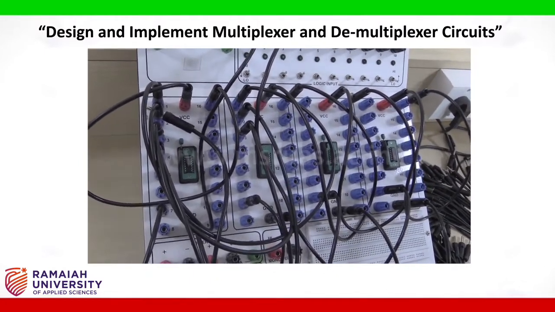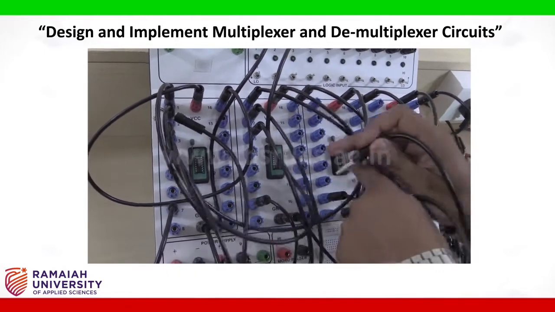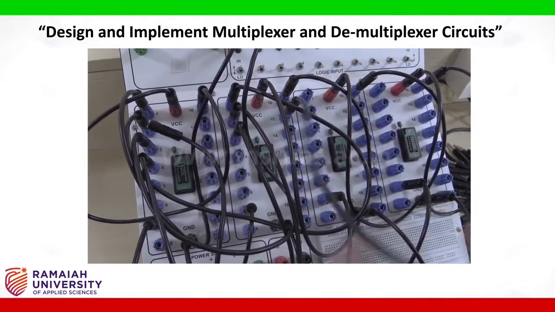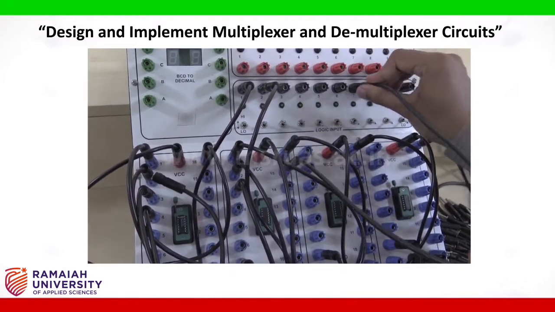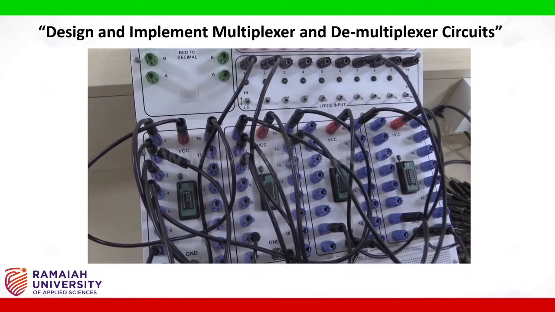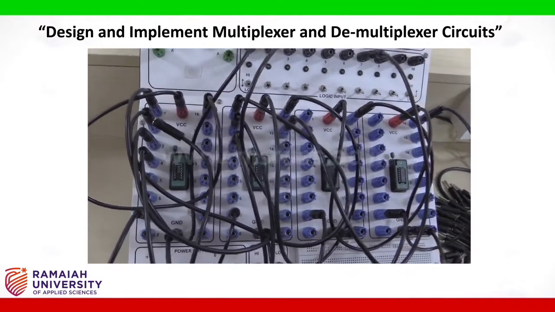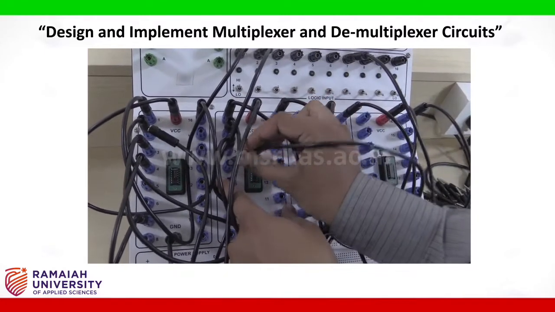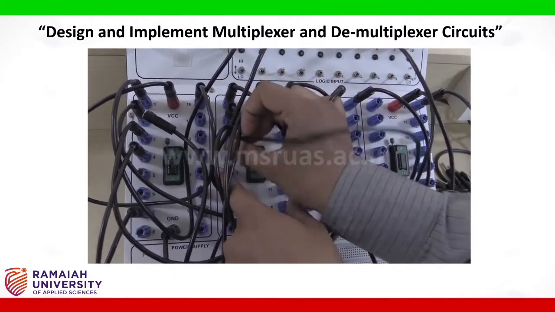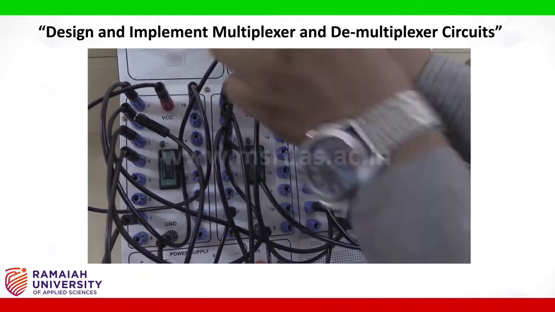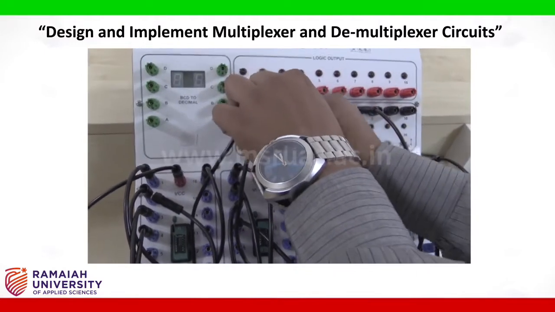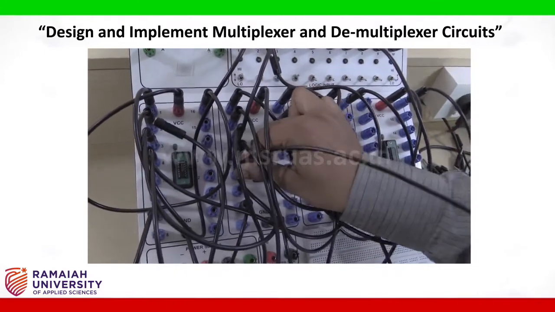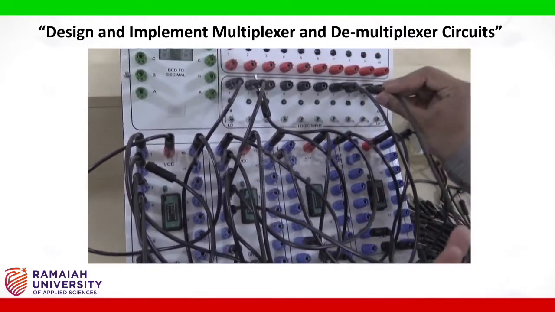Now pin number 13 of the AND gate is connected as one of the inputs, that is I0. Now pin number 4 of the AND gate is connected to the S0 select input, that is here. Pin number 5 of the AND gate is connected as another input I1.